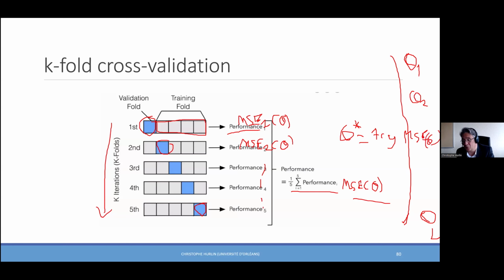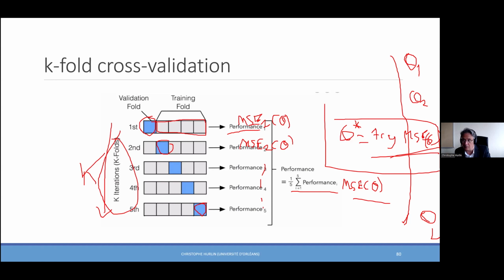So it's time consuming. Be careful with cross-validation. If I increase capital K here, I increase a lot the number of evaluations of my model. It can be very time consuming because I have to estimate many models each time. But this is a way to properly control for overfitting and to determine the optimal value of the hyperparameters.